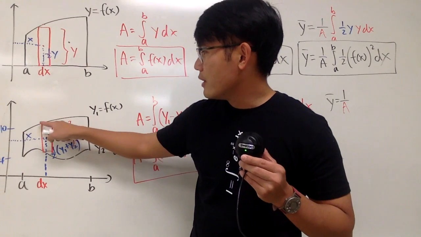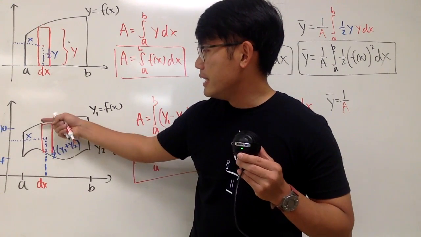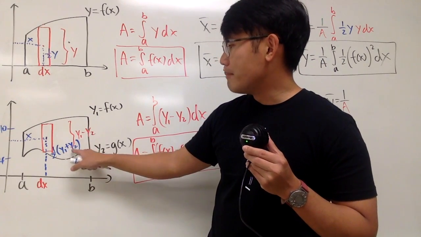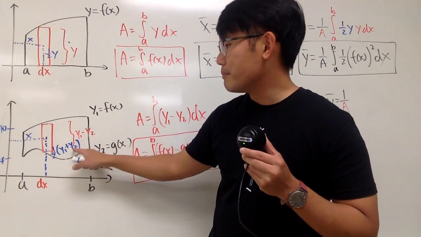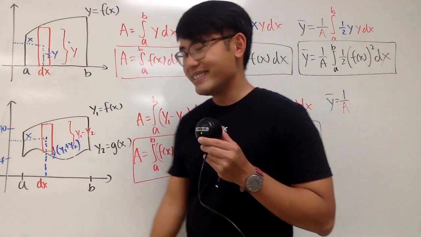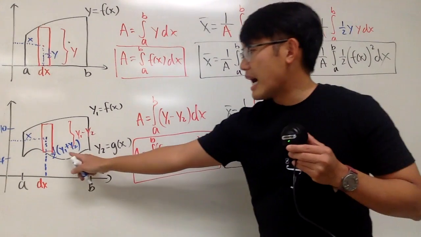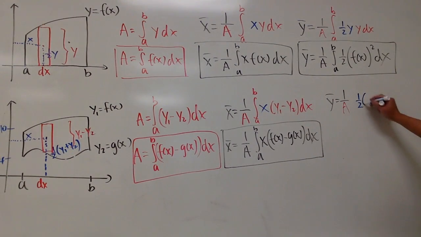So again, we are trying to find the middle of this and that, so you have to do 1/2 times y1 plus y2 for the average. So we'll write this down. We need 1/2 times this, which is y1 plus y2.